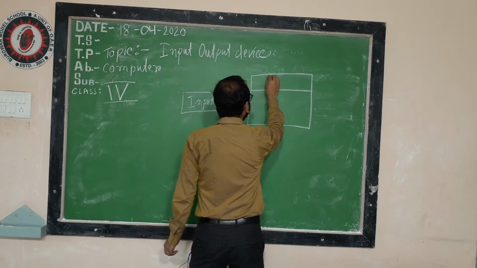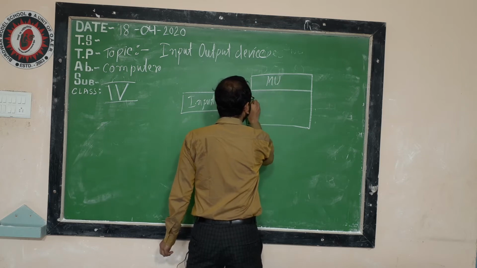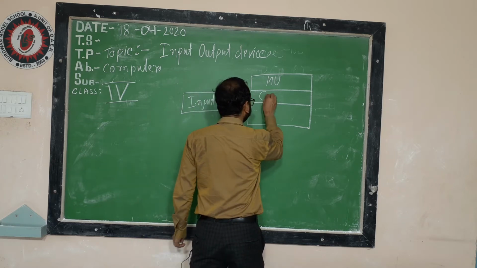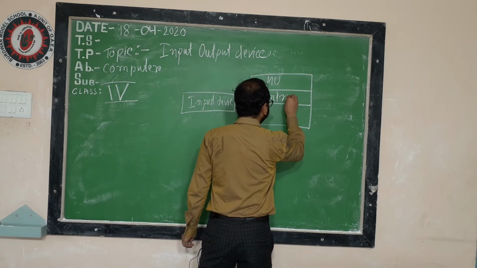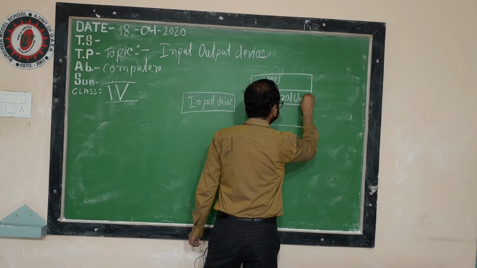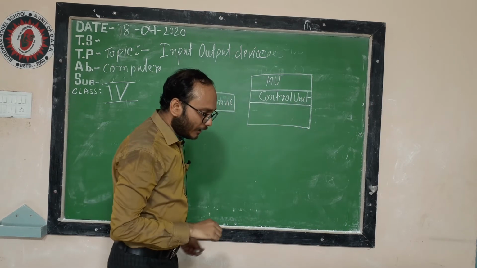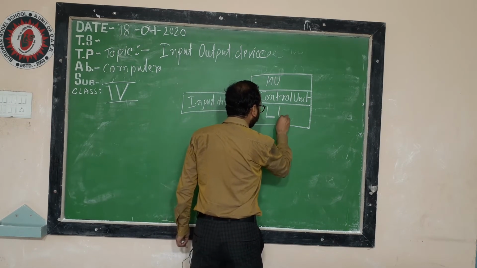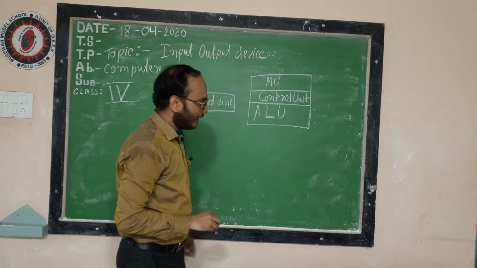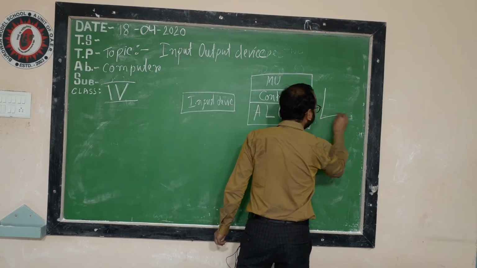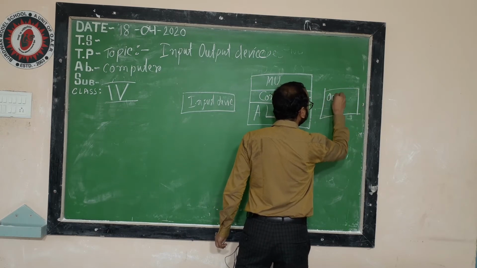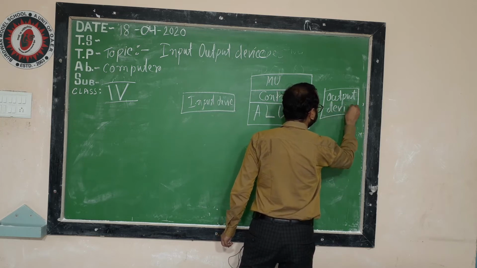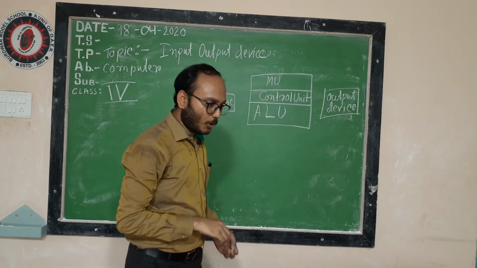The first one is memory unit. Second one, control unit. Third one, arithmetic logic unit, or we can say ALU. And the last one is output device.